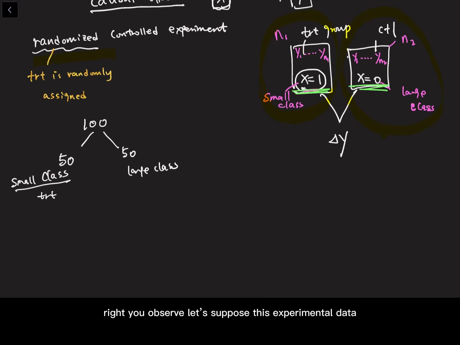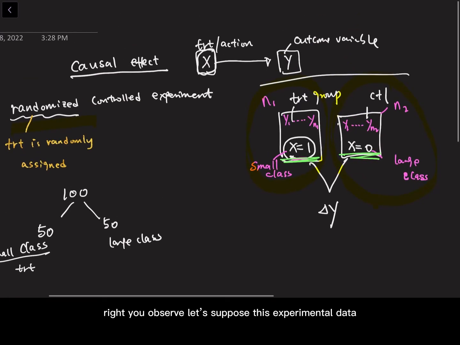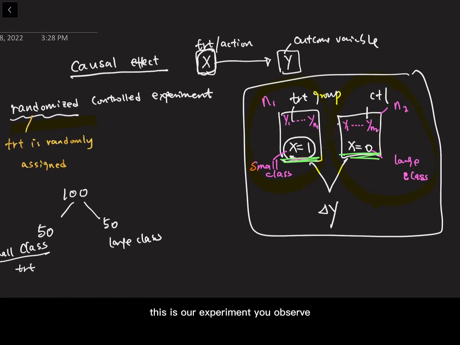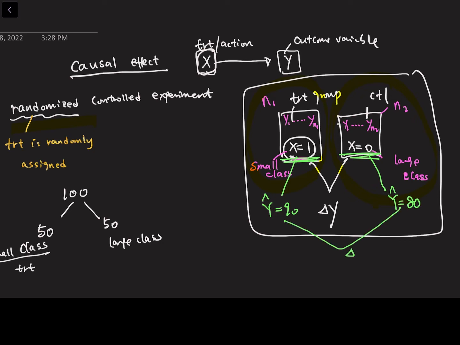You observe, let's suppose this is experimental data, right? This is our experiment. For this group, you observe their average test score. In the small class, maybe it's 90. And for this group, you observe the average test score maybe is 80. And then the difference in test score between the two groups is 10 points.